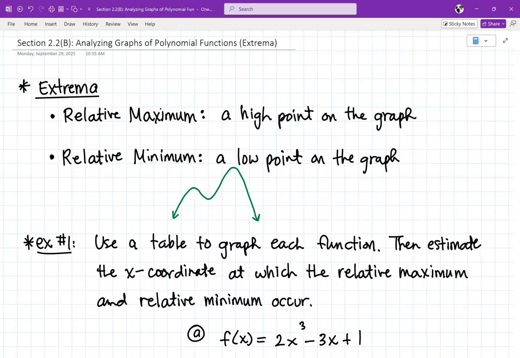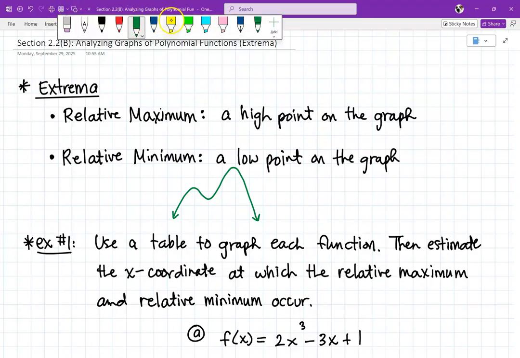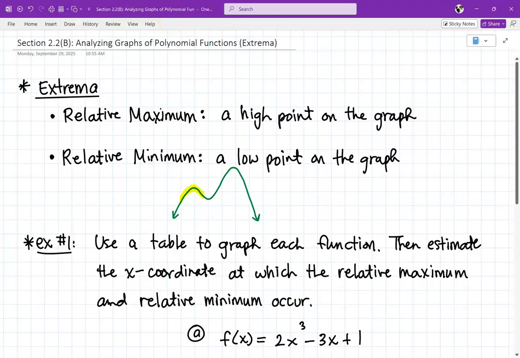So in other words, this point is the highest point relative to my interval. If I only use this part as my interval, from here to here, let me highlight it, I could say that is my high point in that highlighted portion.